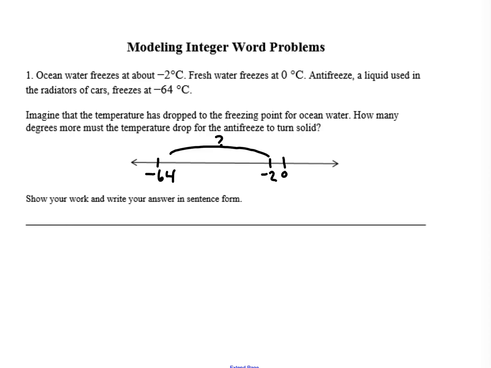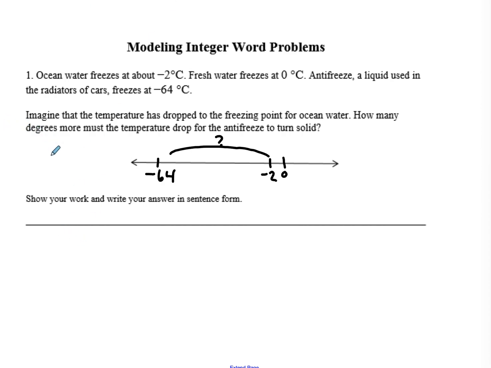So here we're looking at the difference between negative 64 and negative 2. All right, so I need to write a number sentence, and then I need to write the answer. So for my number sentence here, I'm looking at the difference between these two. So I'm going to write it this way, negative, that was a mess. Let me erase that and try again.